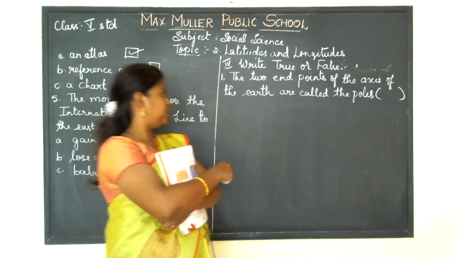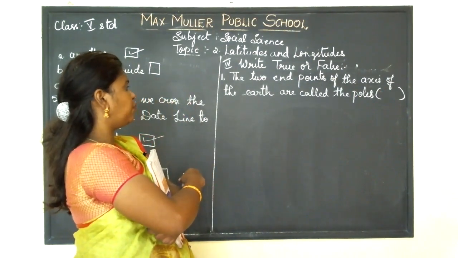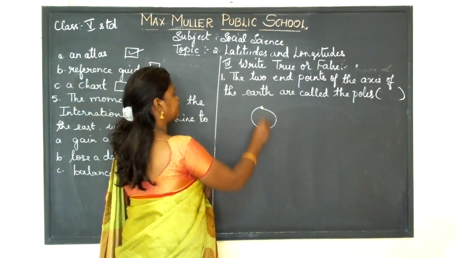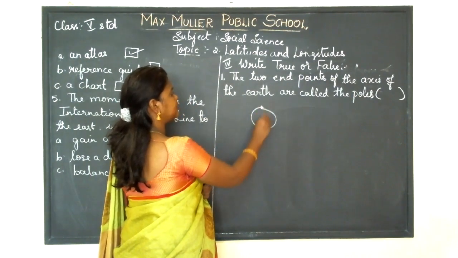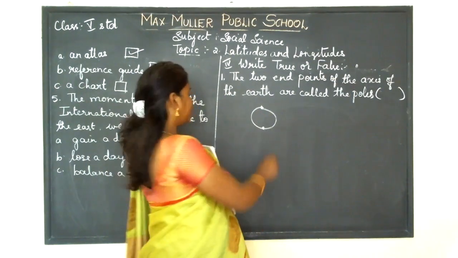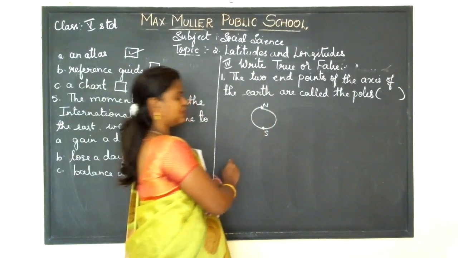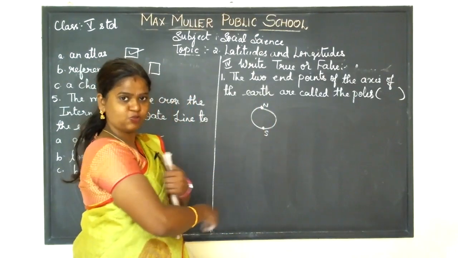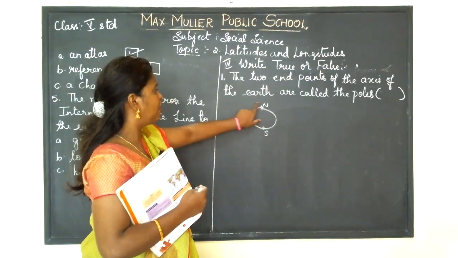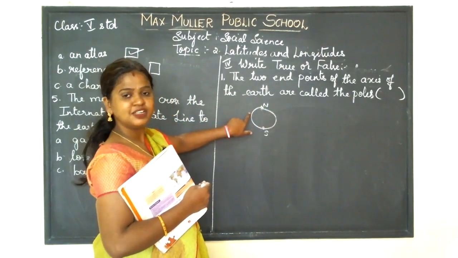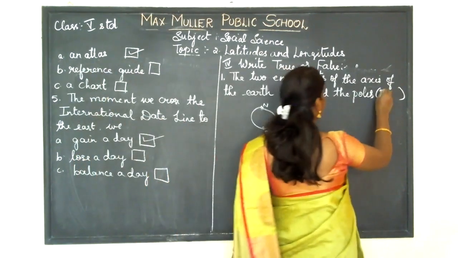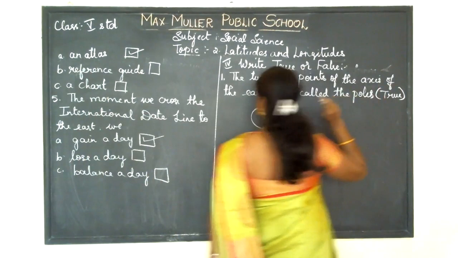Here they are asking about the two endpoints of the axis of the earth, which are called poles. There are two poles. What are the two poles? It is the North Pole and the South Pole. So the answer is correct. Yes, it is called poles. The answer will be true.